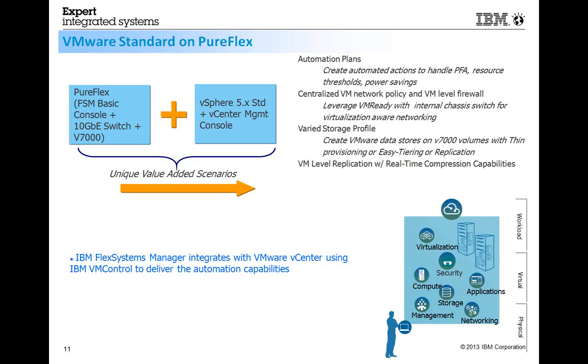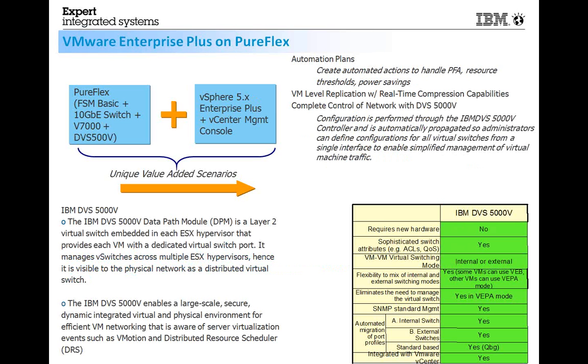Now, however, what happens when you have VMware Enterprise Plus completely integrated into your stack? This is where it gets really, really interesting. In addition to the hardware capabilities that I just spoke of, automation plans and VM level replication, we have the capability of taking the vSwitch of VMware, which comes with distributed network switch, and offloading that to the physical switch.